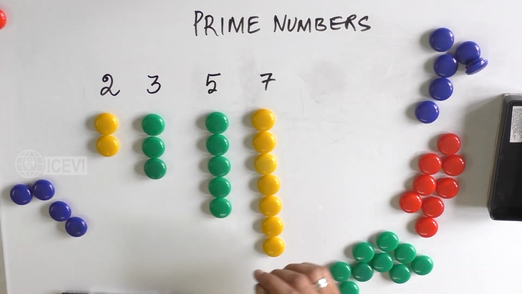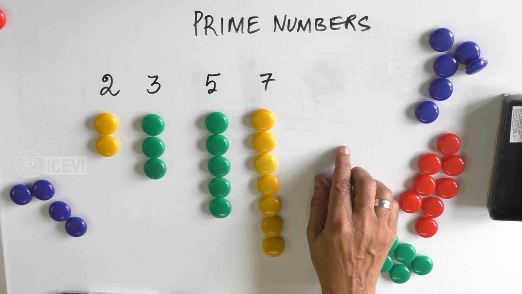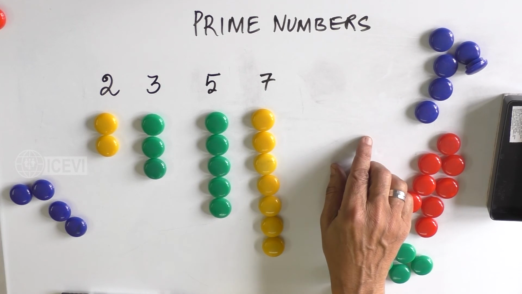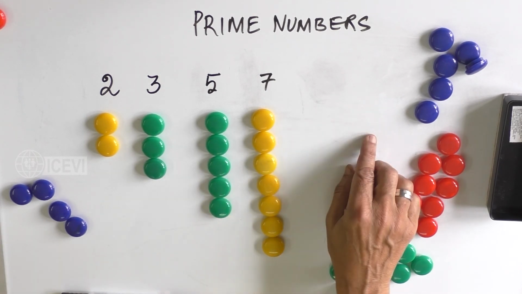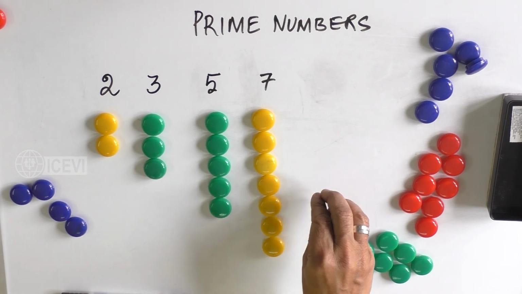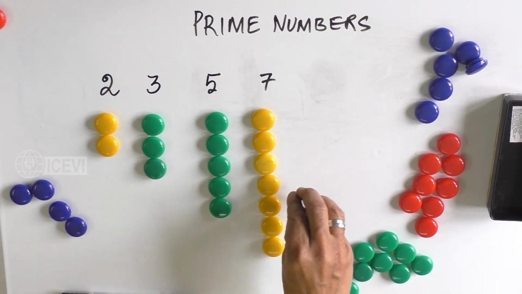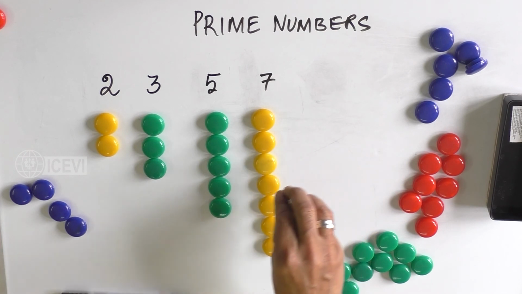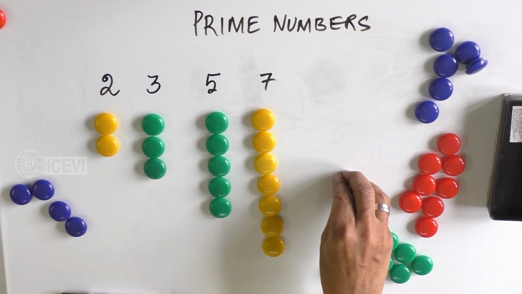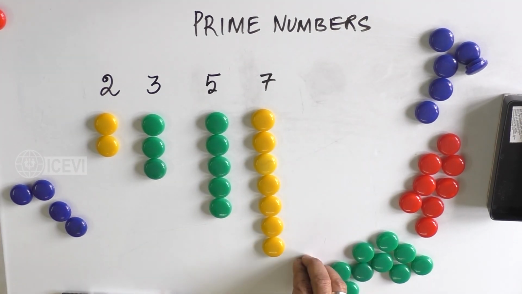For example, take 15. 15 is an odd number. But for 15, in addition to 1 and 15, 5 is a divisor and 3 is a divisor. So that is why the child must be given practice to identify what is a prime number and what is not using these kind of examples.